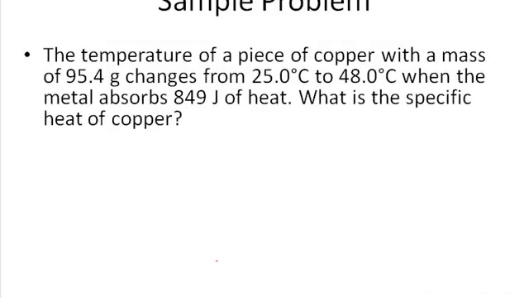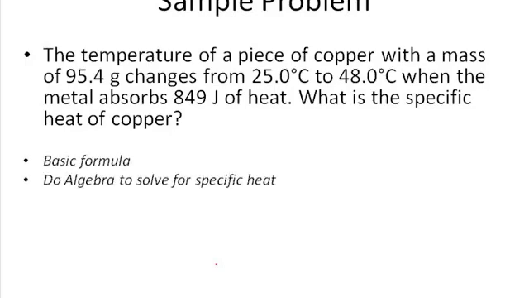So here's an example of a sample problem. It says the temperature of a piece of copper with a mass of 94.4 grams changes from 25 degrees Celsius to 48 degrees Celsius when the metal absorbs 849 joules of heat. What is the specific heat of copper? Well, we know that the basic formula is Q equals m C delta T. In order to figure out the specific heat, you have to do some algebra to solve for that little letter C. Once you have C, you can fill in all the other numbers.